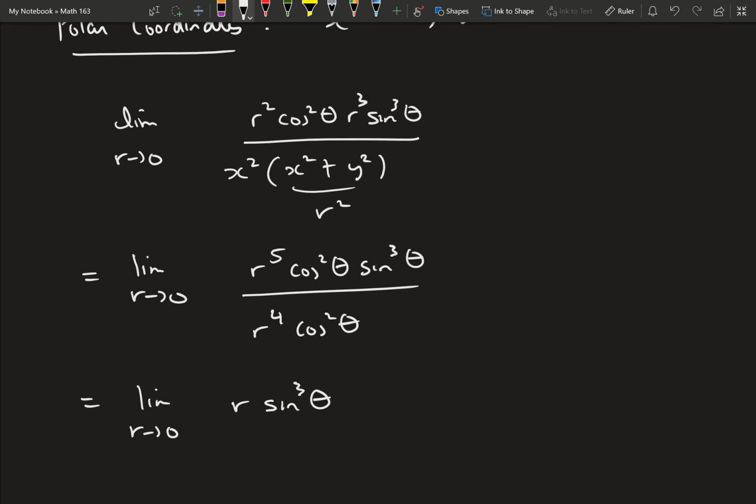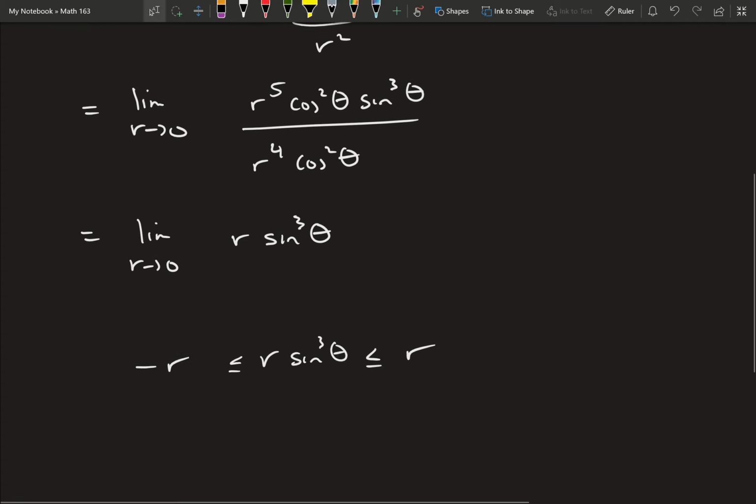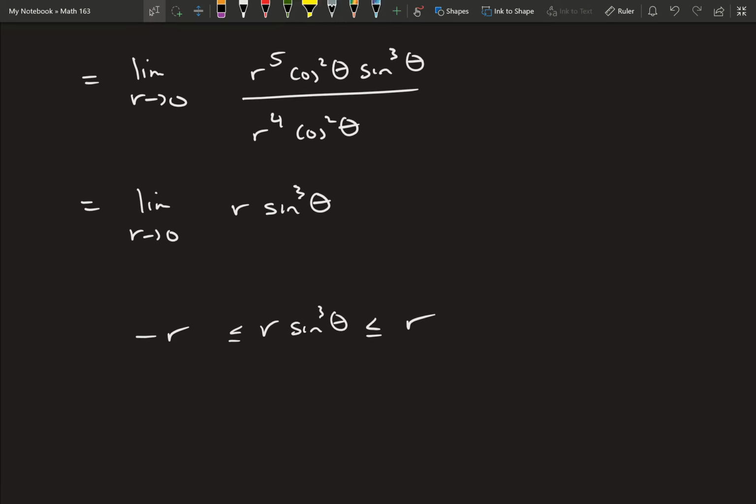And so now, how do we proceed from here? Where r sine cubed is greater than or equal to negative r and less than or equal to positive r, because sine cubed can be negative 1.